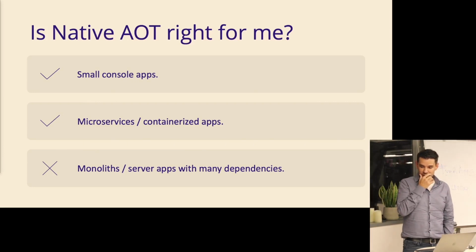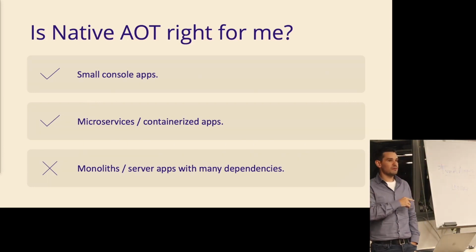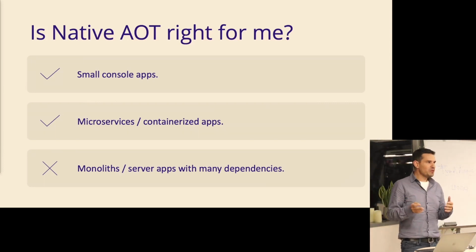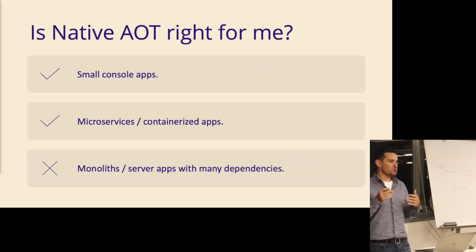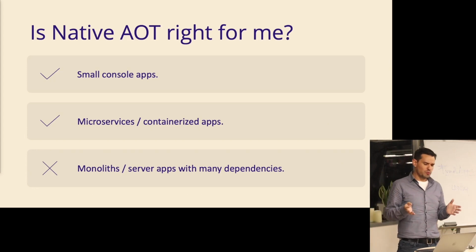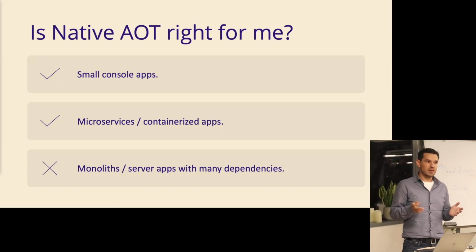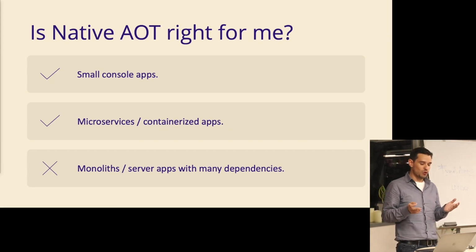At the same time, even if you are able to go through the cost of migrating your monolith to Native AOT, you will probably get diminishing returns in terms of both application size and startup time, which probably doesn't matter as much for a monolith. So again, Native AOT is exciting from a technical perspective, but the answer for you may well be that you don't need it.